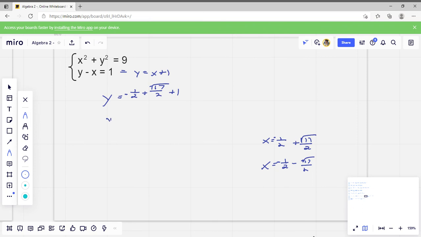So this one would be y equals 1/2. 1 and negative 1/2 would be just positive 1/2 plus the square root of 17 over 2. And this one would be y equals, so we're going to put that one in with the minus.